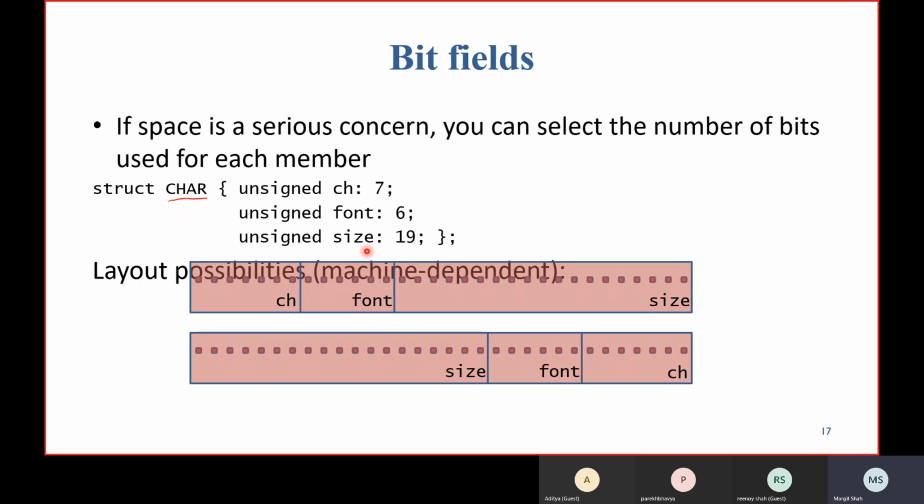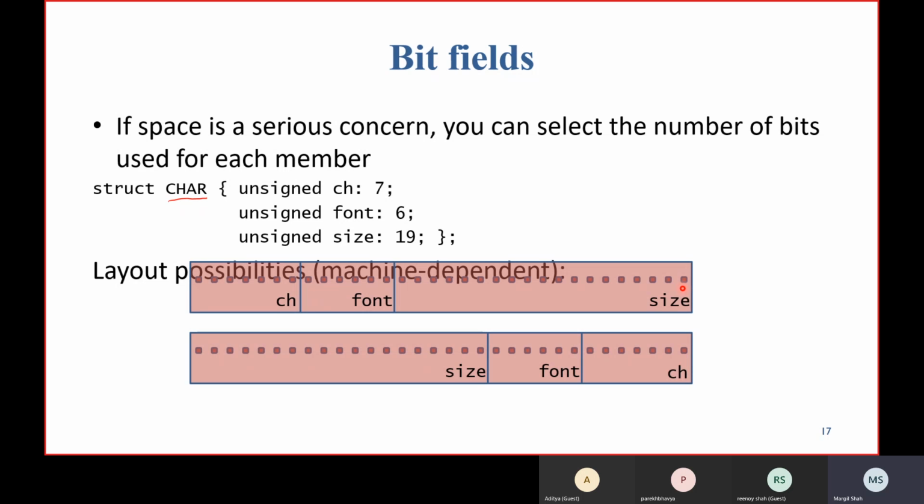Now font is 6, so 1 2 3 4 5 6, and this is 19: 1 2 3 4 5 6 7 8 9 10 11 12 13 14 15 16 17 18 19.